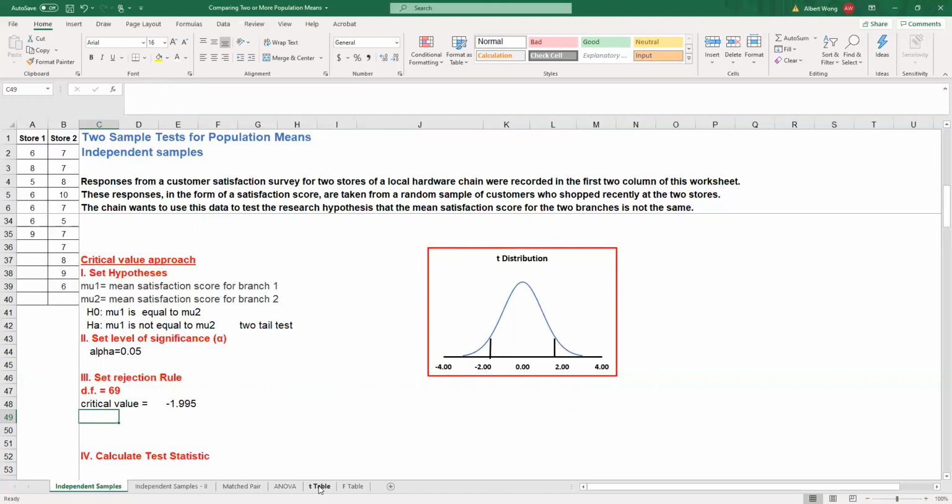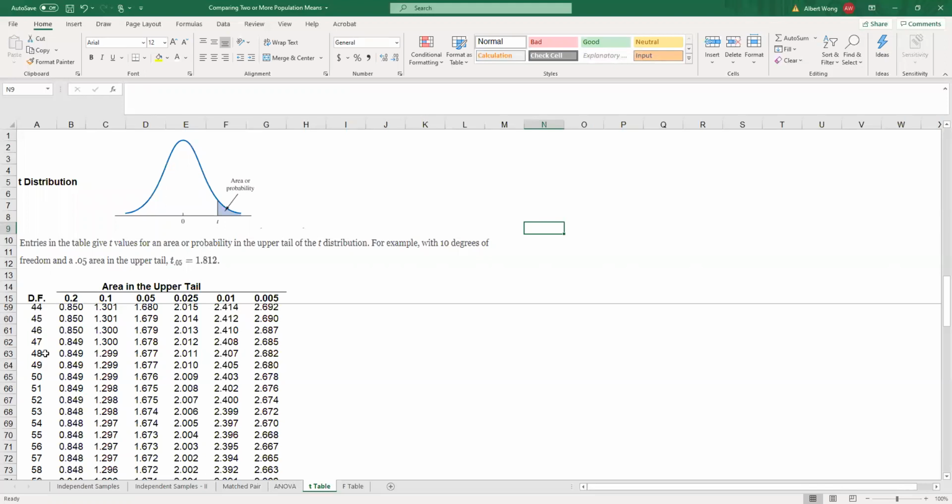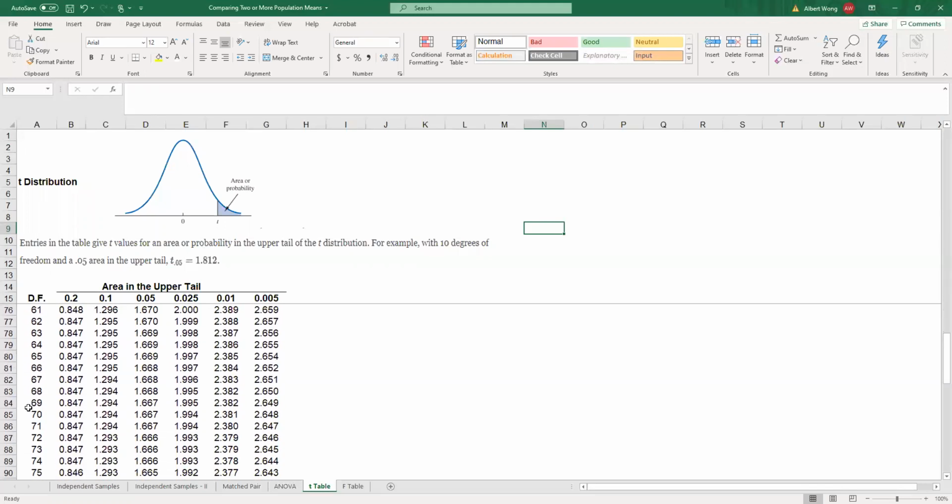Now, you can also use the t-table. We actually have the t-table also created. If you want to use the t-table, you go down, find the degree of freedom equal to 69, and then you go across and find a number that is equal to 0.025. So the number that we end up picking up from the table is also 1.995. 1.995, of course, is the upper tail.